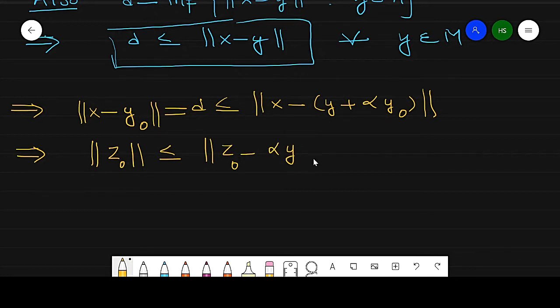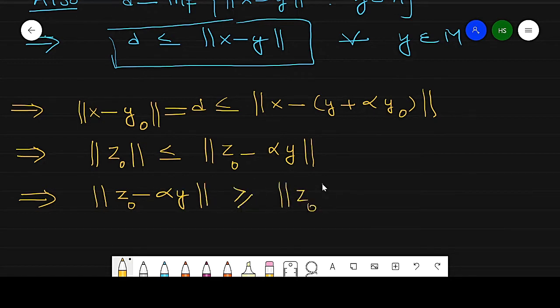So this can be written as the norm of z naught minus alpha y is greater than or equal to the norm of z naught. If I take the square of each term, this square is greater than or equal to this term.